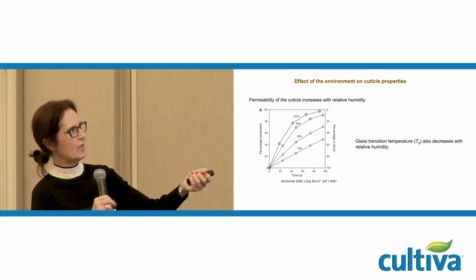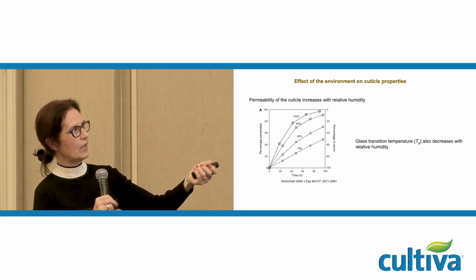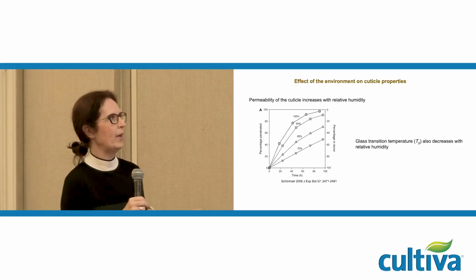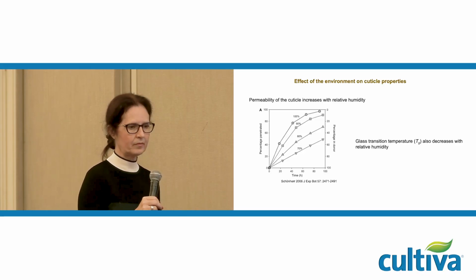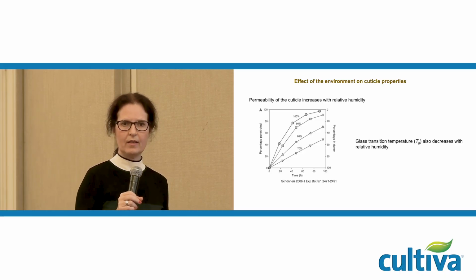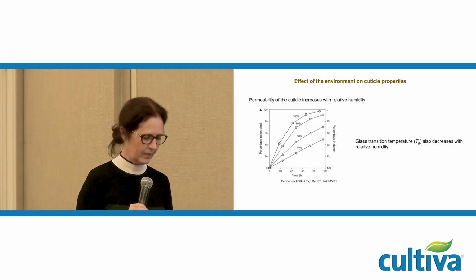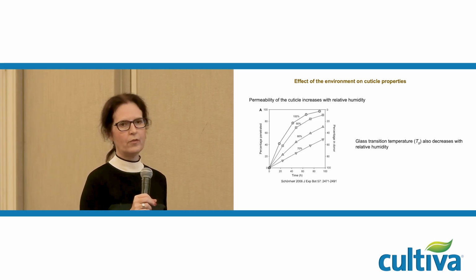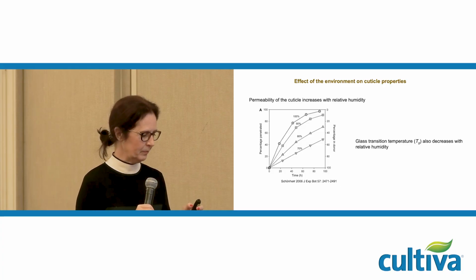But if you increase the relative humidity to 100%, you get an almost 100% of penetration. Again, high relative humidity decreases the water barrier properties, so it allows water to move very freely across the cuticle.